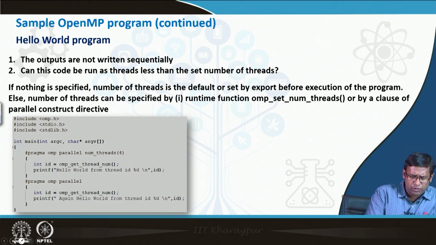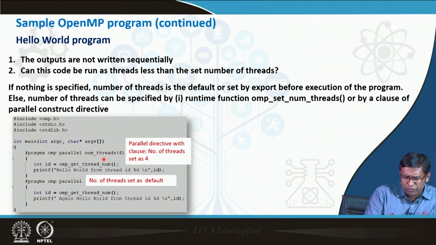If we run this program, this part will run in 4 threads because the number of threads is set as 4. This parallel part will first write hello world and the thread ID. The next parallel part is not given any clause, so it will run on the default number of threads.